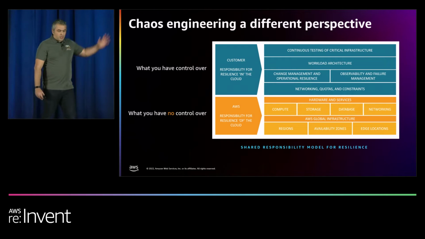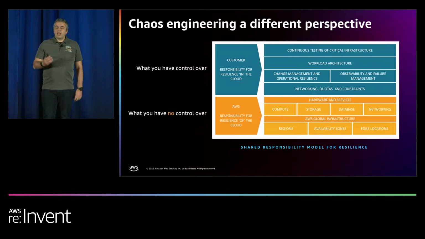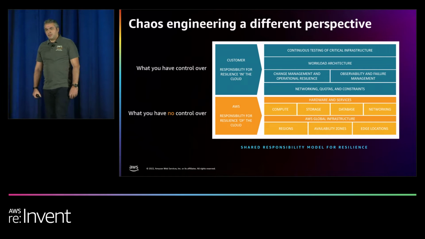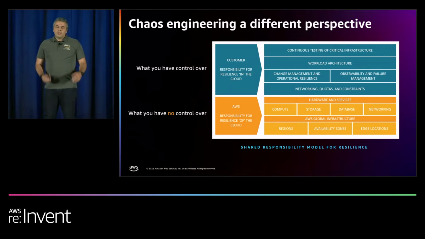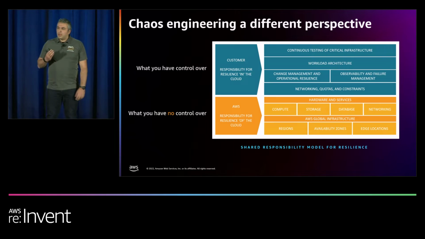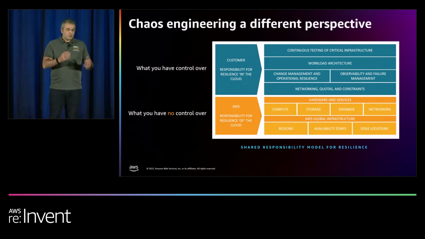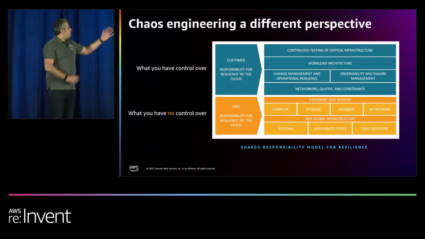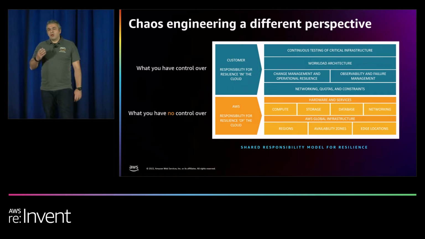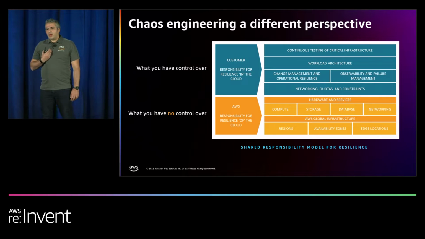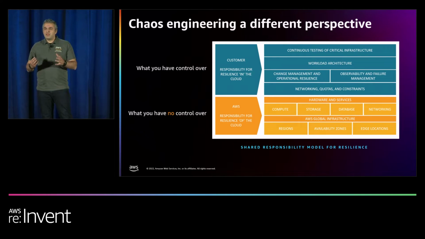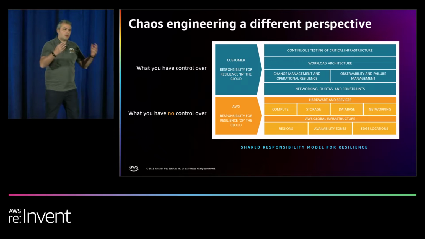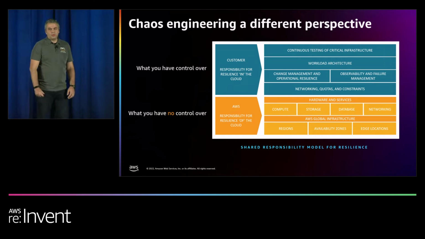Many of you have probably seen the shared responsibility model for resilience. There are two sections, the blue and the orange. In the resilience of the cloud, we as AWS are responsible for the resilience of the facilities, the network, the storage, the services that you consume.